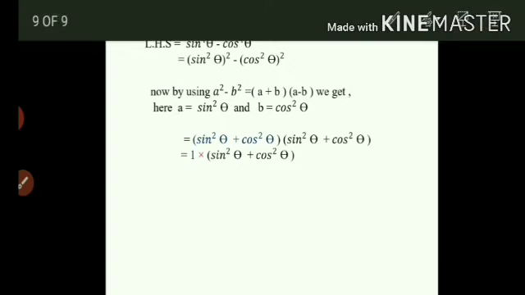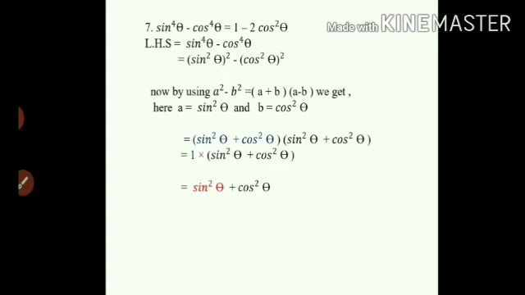So we know sin² plus cos² is equal to 1, so we get 1 over there, multiplied by the second bracket, sin²θ minus cos²θ, which we are keeping as it is. Now when you multiply by 1, you get the same, that is sin²θ minus cos²θ.